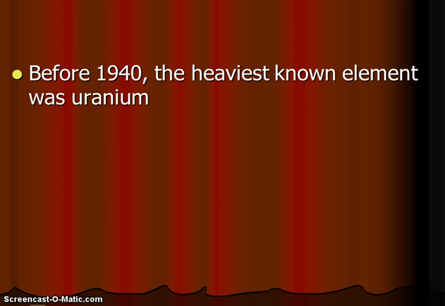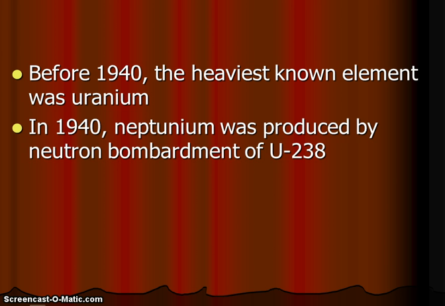Now, before 1940, the heaviest known element was uranium. If we look on the periodic table, uranium has an atomic number of 92 and an atomic mass of 238.03. But in 1940, neptunium was produced by neutron bombardment of uranium-238.